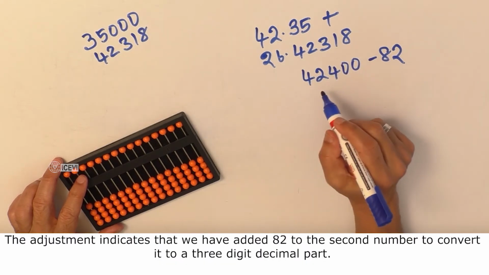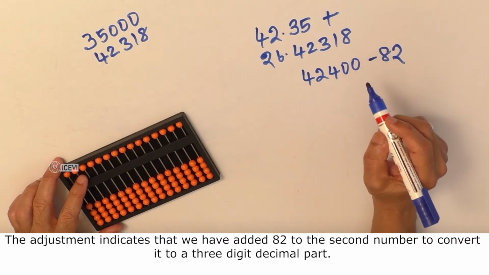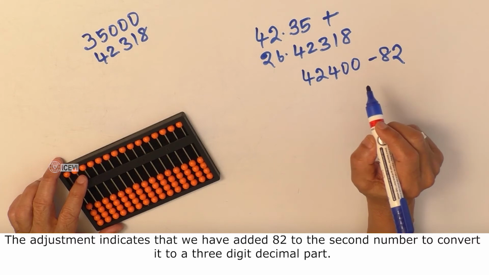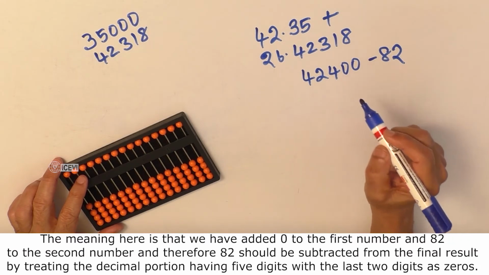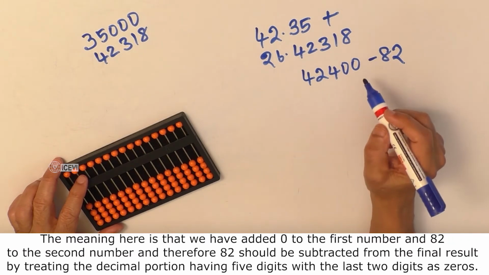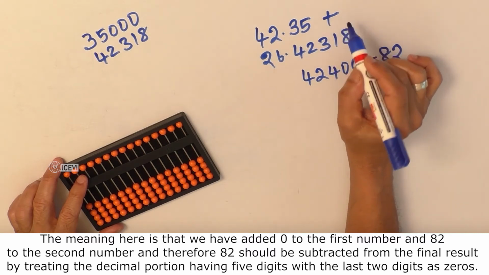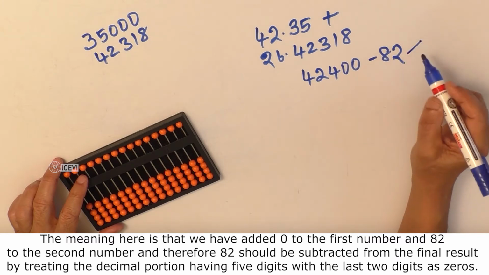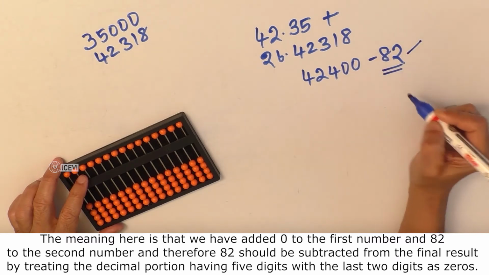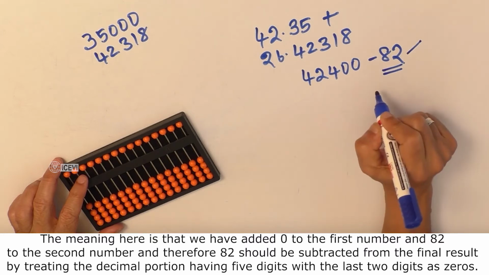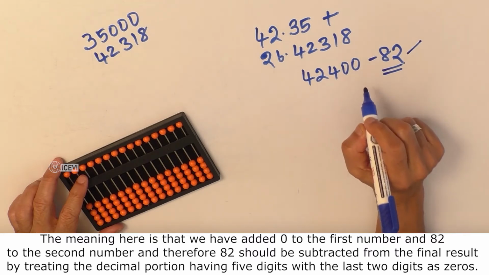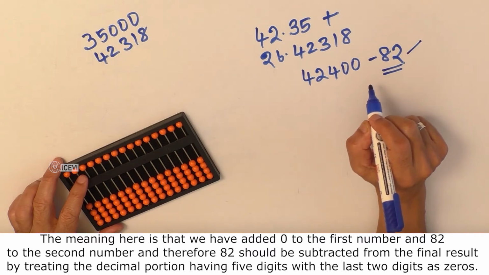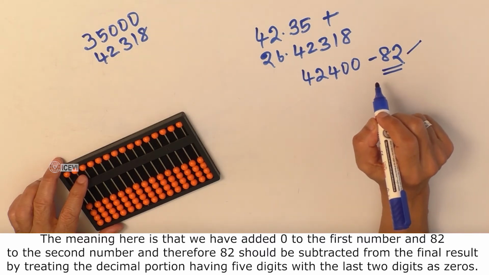The adjustment indicates that we have added 82 to the second number to convert it to a 3-digit decimal part. The meaning here is we have added 0 to the first number and 82 to the second number, and therefore 82 should be subtracted from the final result by treating the decimal portion having 5 digits with the last 2 digits as zeros.